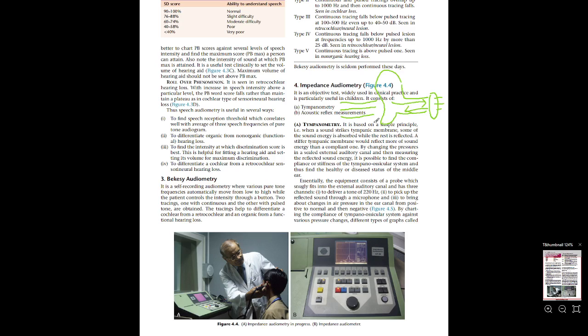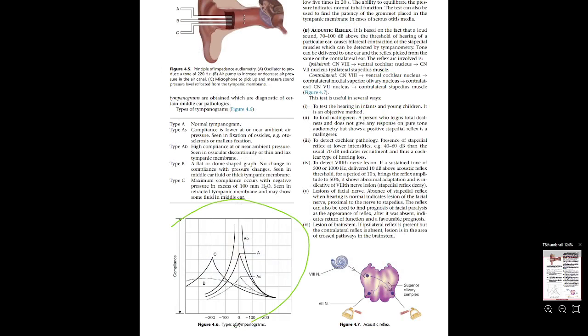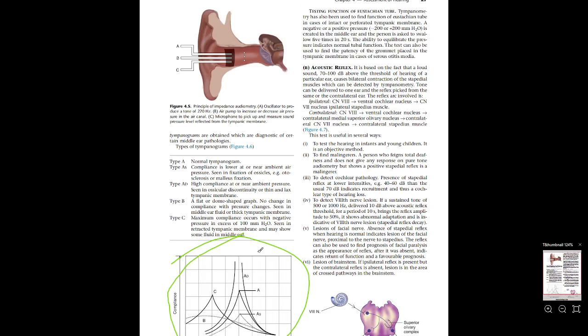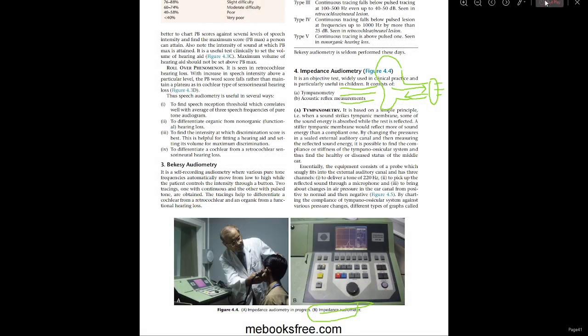And the tympanogram, the impedance audiometer, basically interprets the sound coming back. Okay, and we'll study it in detail. This is a tympanogram, and we'll study the different types shortly. First of all, let's see audiogram.